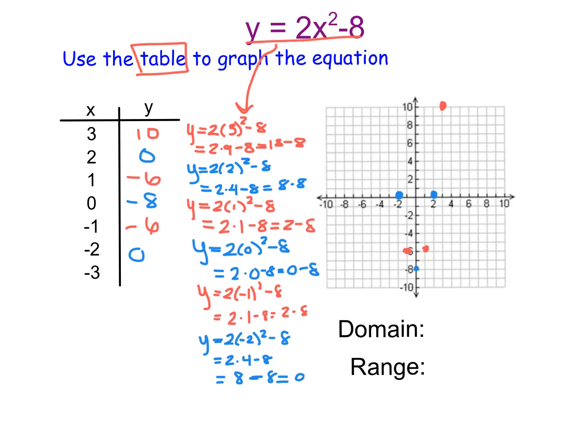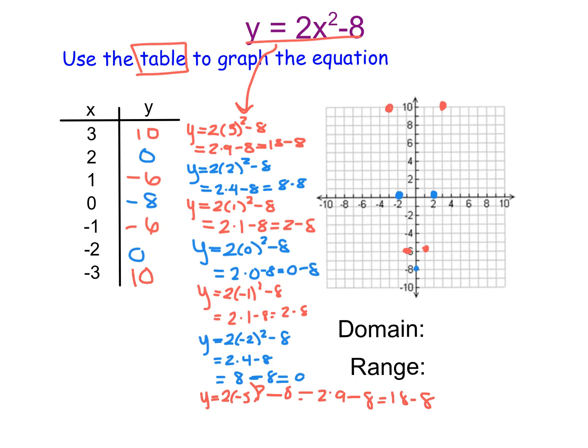And then finally, my last one here, I have y equals 2 times -3 squared minus 8, which is 2 times 9 minus 8, which is 18 minus 8, which is simply 10. So we have x is -3, y is 10.